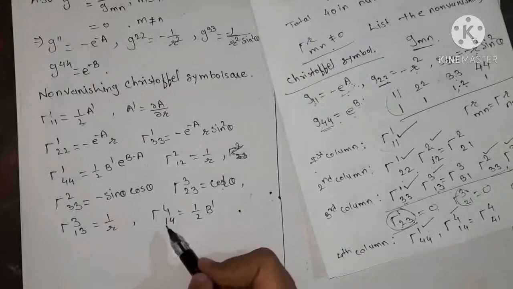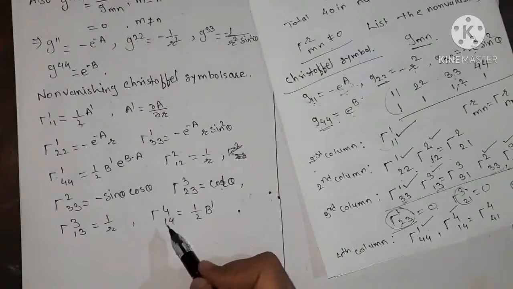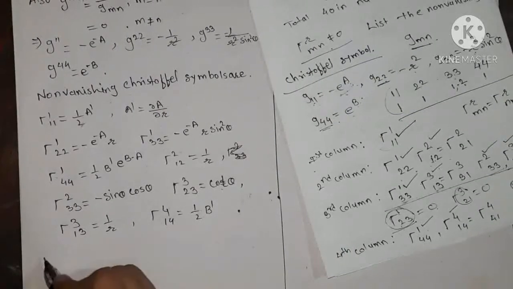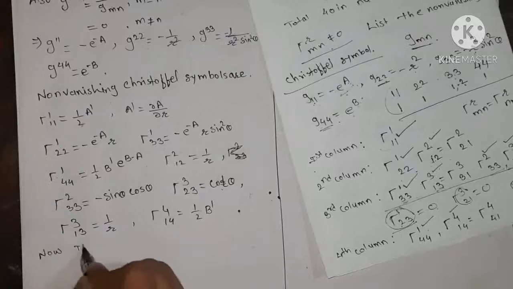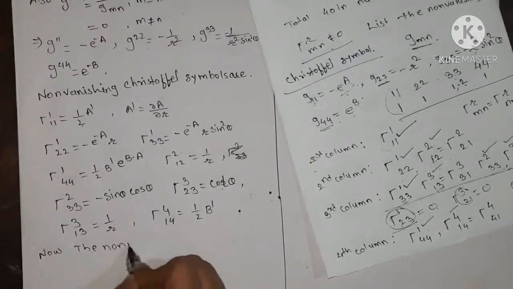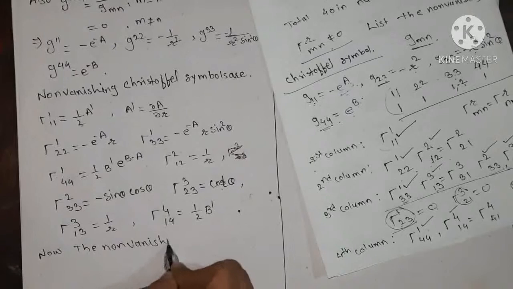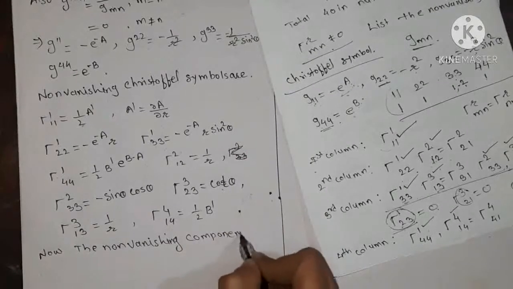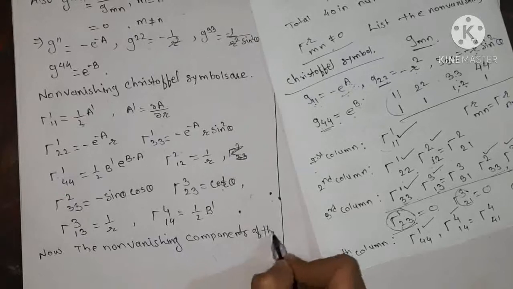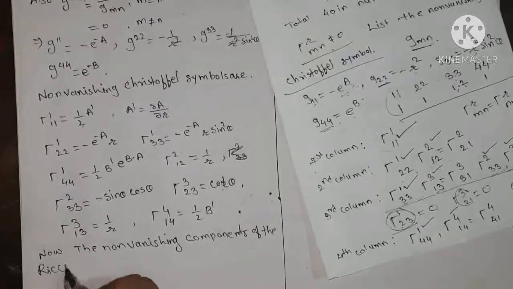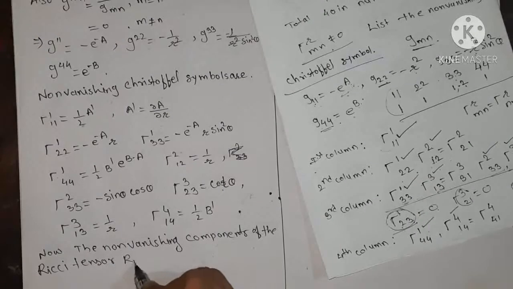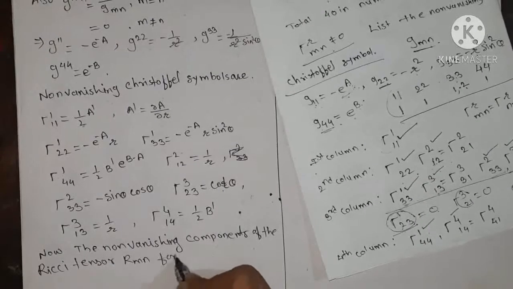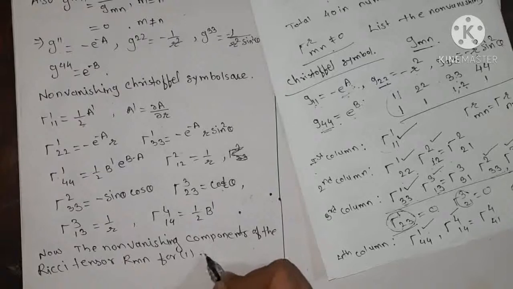And now we compute the non-vanishing components of the Ricci tensor R_mn for the line element in equation 1.